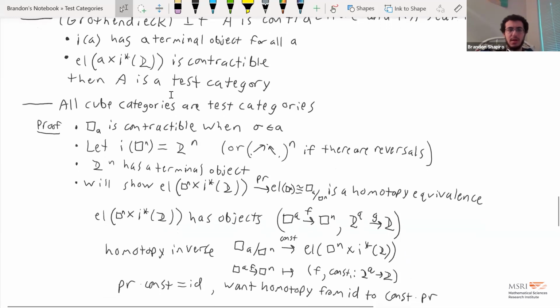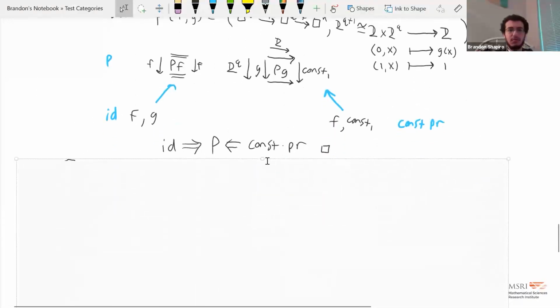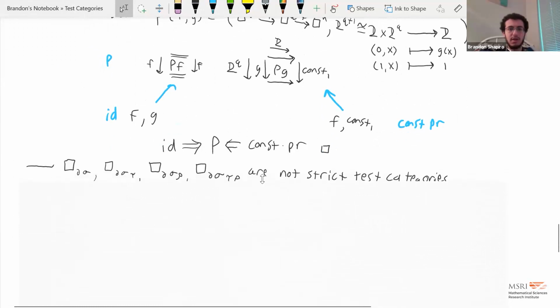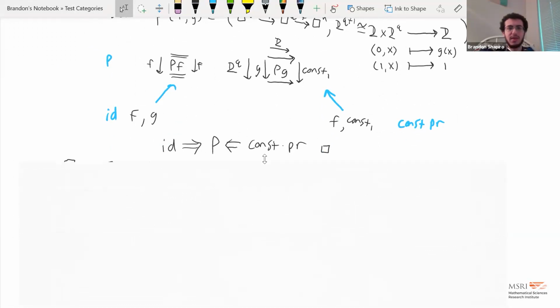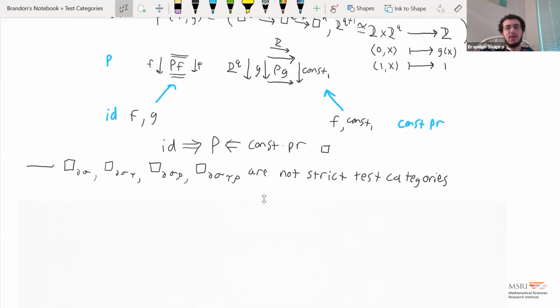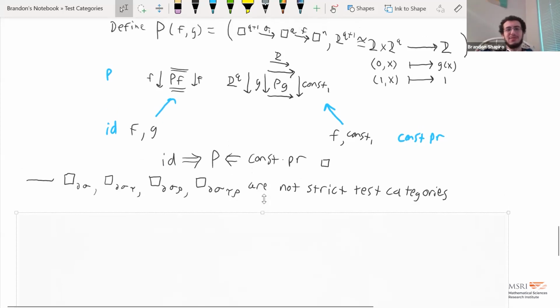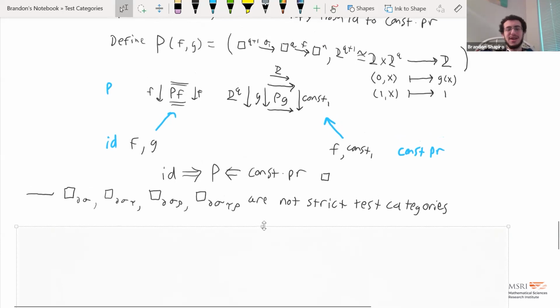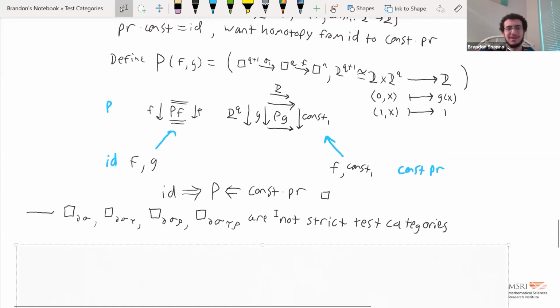Now, originally, so that shows that everything's a test category. Originally, I was going to draw some pictures showing why these remaining cube categories are not strict test categories, but I don't seem able to actually draw as I expected.